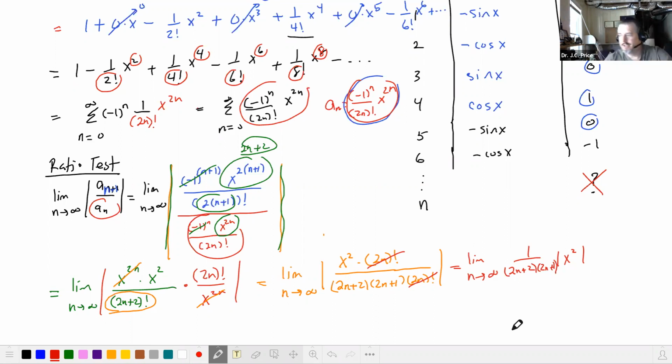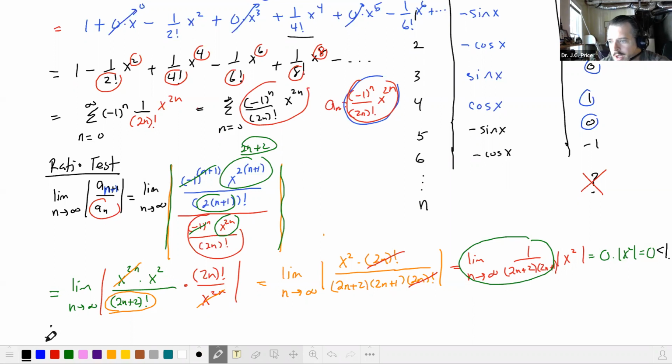And hopefully, you see now, as you go to infinity, what happens here? This is going to be equal to 0 times absolute value of x squared, which is always equal to 0. So therefore, right, which is always less than 1. So that's always less than 1.